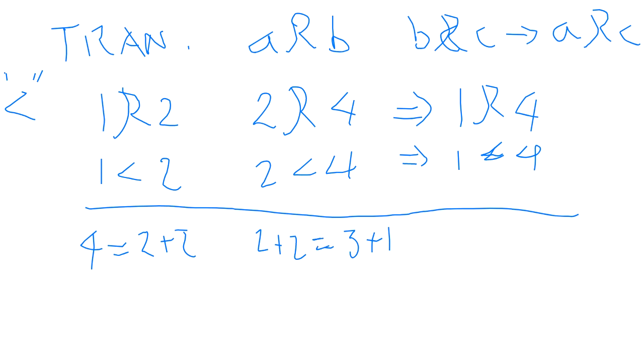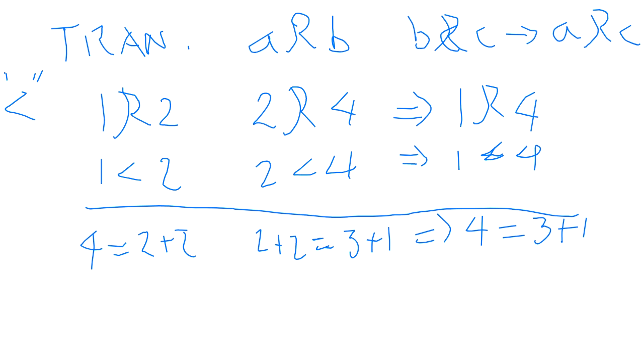So that implies that 4 must be equal to 3 plus 1. I'll just split them so it looks more fancy with the transitive business, but actually it's the same number. 4 is equal to 4 implies that 4 is equal to 4, which means that 4 must be equal to 4. Equal is an equivalence relation because it fits transitive, reflexive, and symmetric.